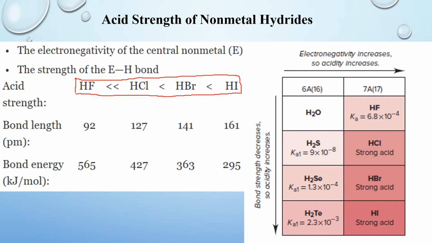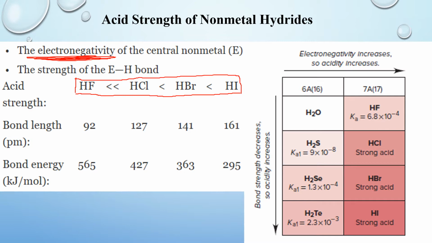To compare their strengths, we're going to look at the electronegativity of these nonmetals. The rule is that the higher the electronegativity, the weaker the acid. And why? Consider the bond between the hydrogen and the nonmetal. For this molecule to act like an acid, it must donate the proton.